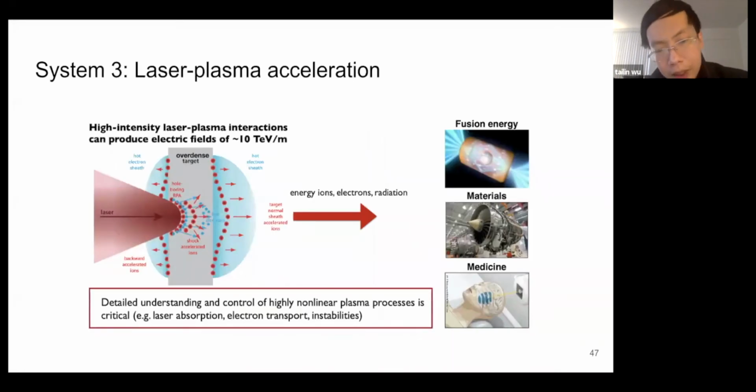And after this, we will tackle this even larger system of laser plasma acceleration, in which a very fast, ultra-fast laser is bombarding this material and turns it into plasma in an instant. And then the E field will propel the electrons and ions both backward and forward. And then it will bombard the material on the back, which can be used for different applications.